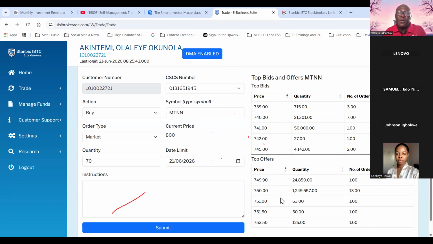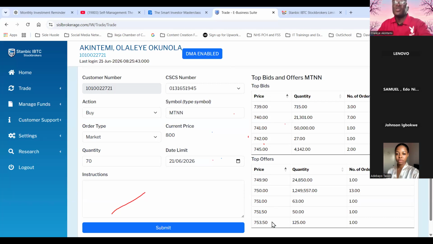Look, under the top offer we have here, 749.90, 750, even if I bid for 753 naira 50 kobo, that transaction will go through within 5 minutes because the amount I'm bidding is already showing under offer.